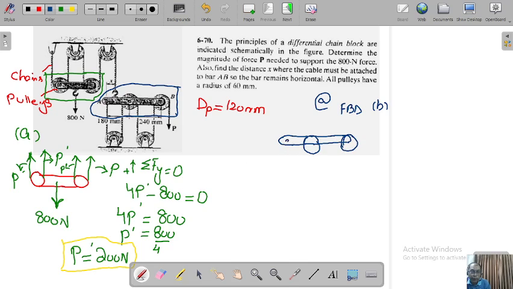Here, it was this force which you calculated right now. This was P dash equals 200 newtons.